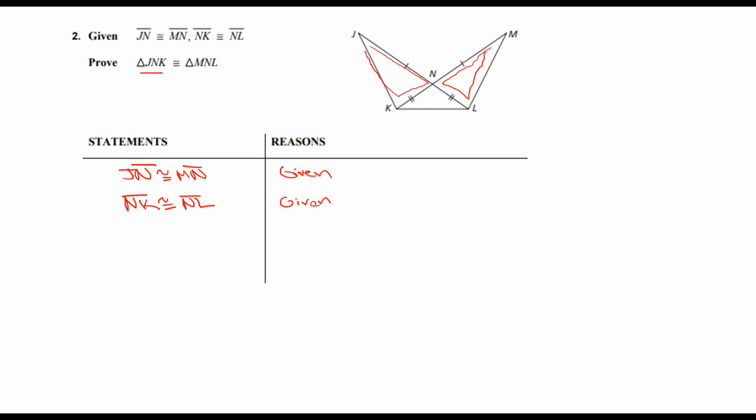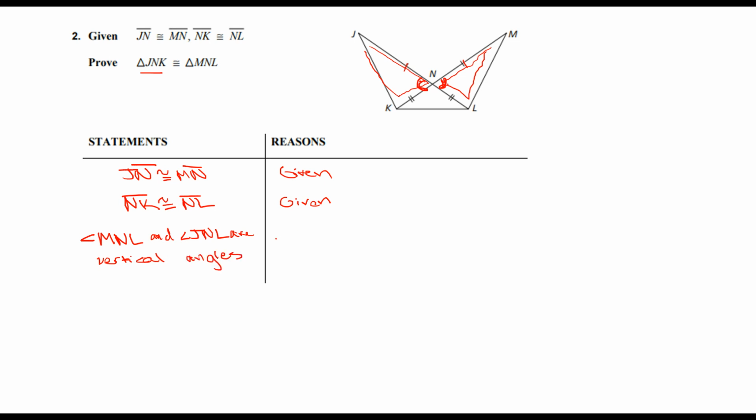And notice that those are two sides here. So really, all I need to finish proving that those are congruent is that these two angles are congruent. Well, what do I know about those? Angle MNL and angle JNK are vertical angles. And how do I know that?